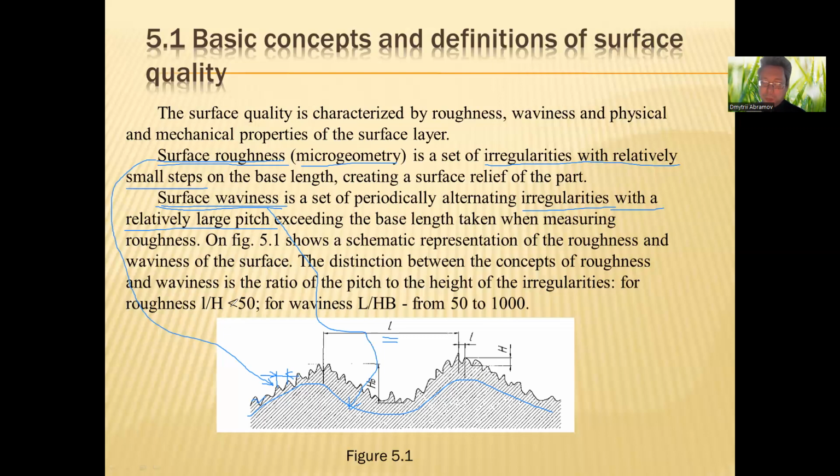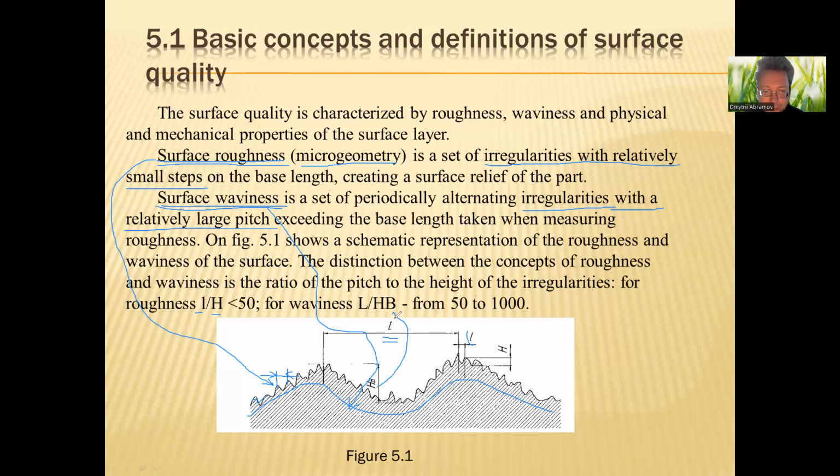The distinction between the concepts of roughness and waviness is the ratio of the pitch or step to the height of the irregularities. For roughness, above the line small l, under the line h, less than 50. For waviness, above the line big L, under the line h suffix b.